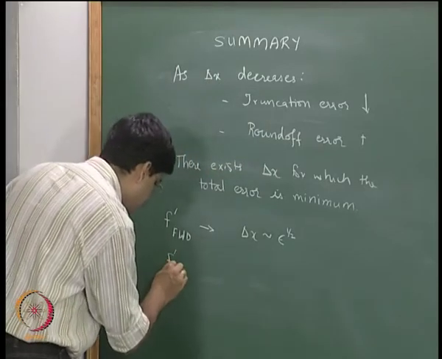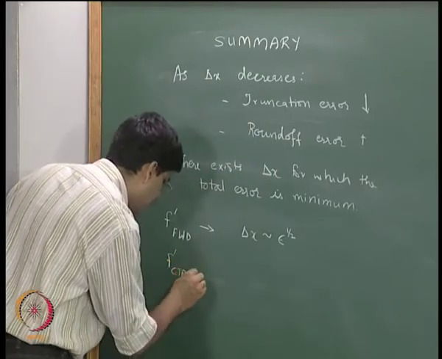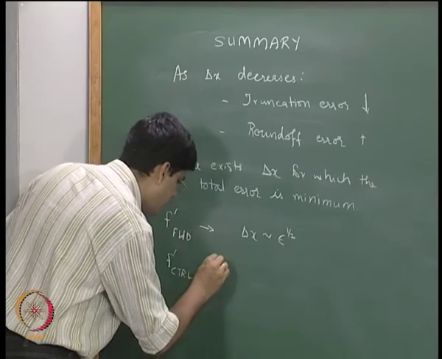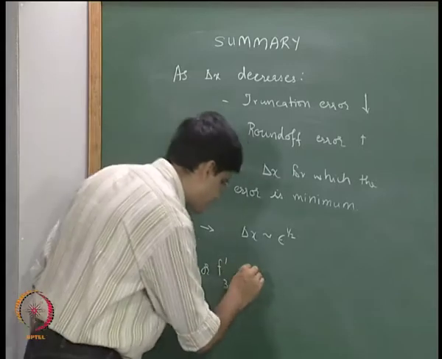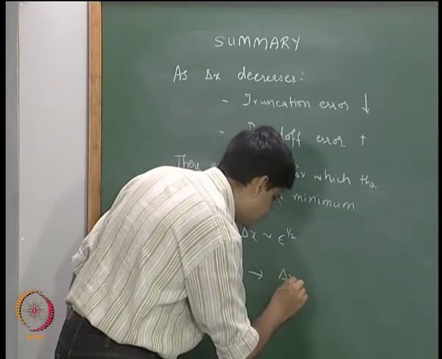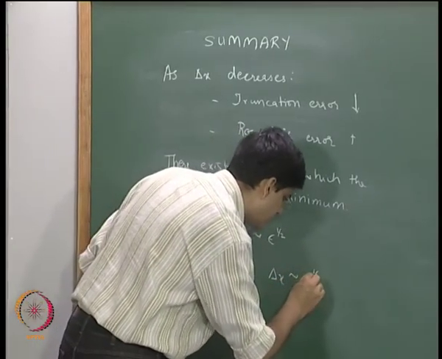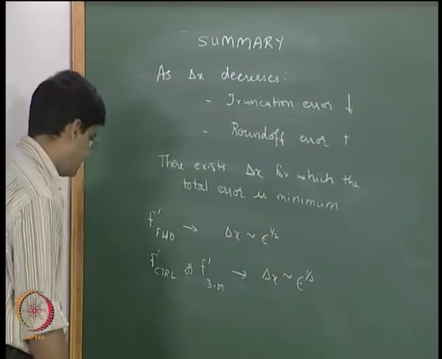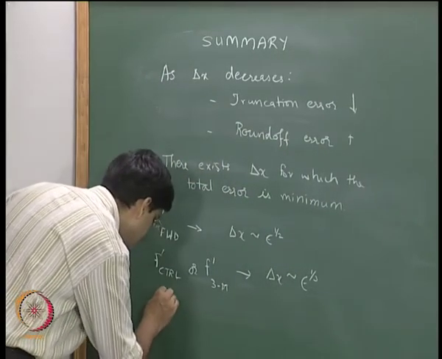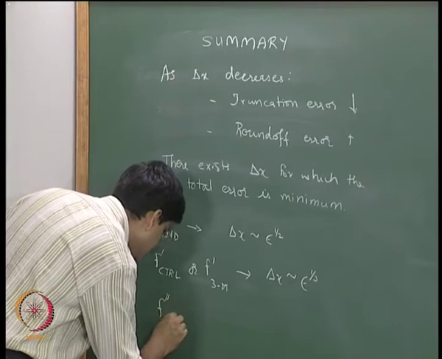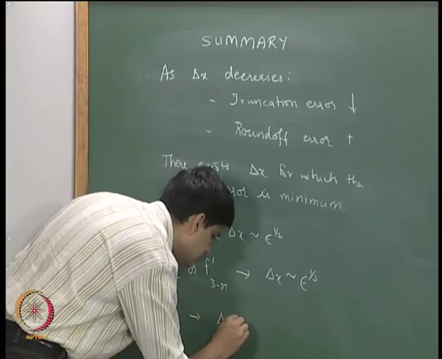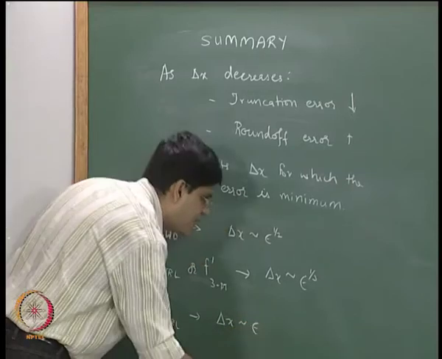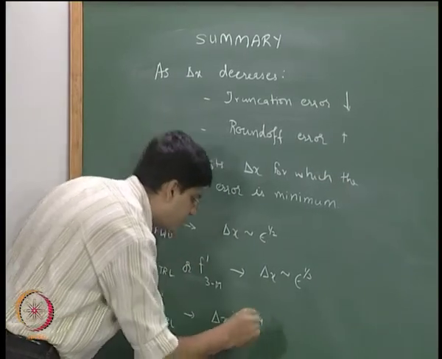For f dash using central difference or f dash using 3-point forward difference, delta x is proportional to epsilon to the power 1/3, and for f double dash using the central difference formula, delta x is going to be proportional to epsilon to the power 1/4.